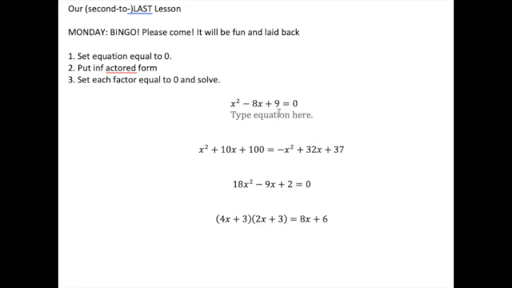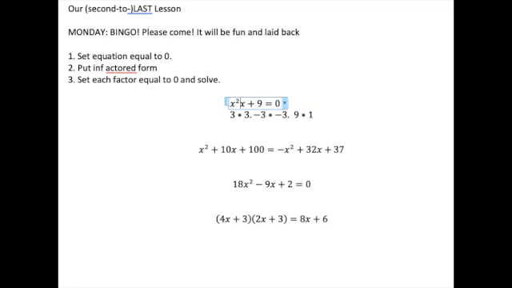All right. So here, we've already got it set equal to 0. So then I just have to factor this. So I need numbers that multiply to get to 9. So 3 times 3, or negative 3 times negative 3, or 9 times 1. And it turns out that I'm pretty sure I did this problem wrong because it can't be factored.